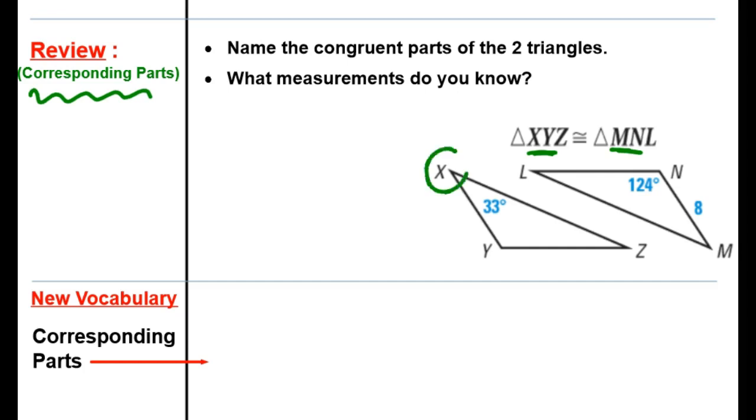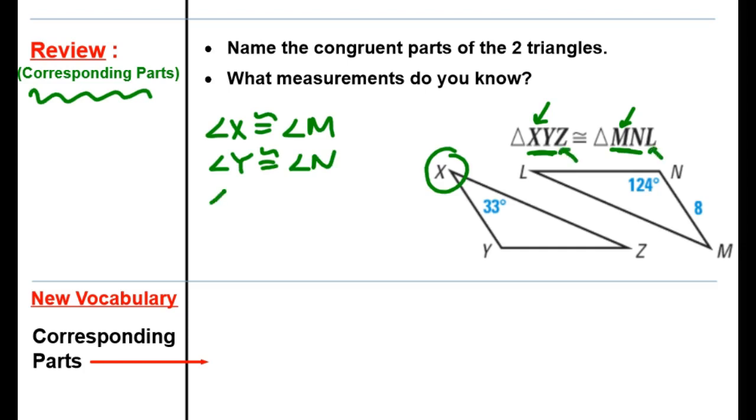If I look at these, angle X, according to my congruence statement, would be the exact same as angle M. And I could go all the way around. Angle Y would be the exact same as angle N. And the last one right here, angle Z, is congruent to angle L.